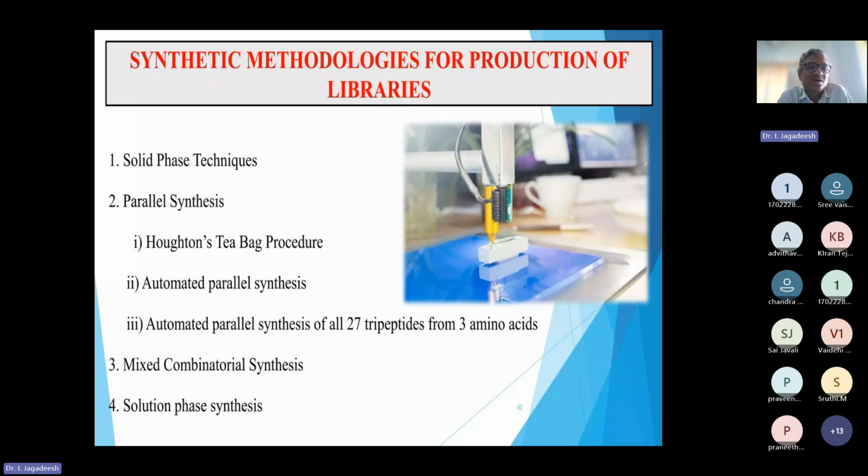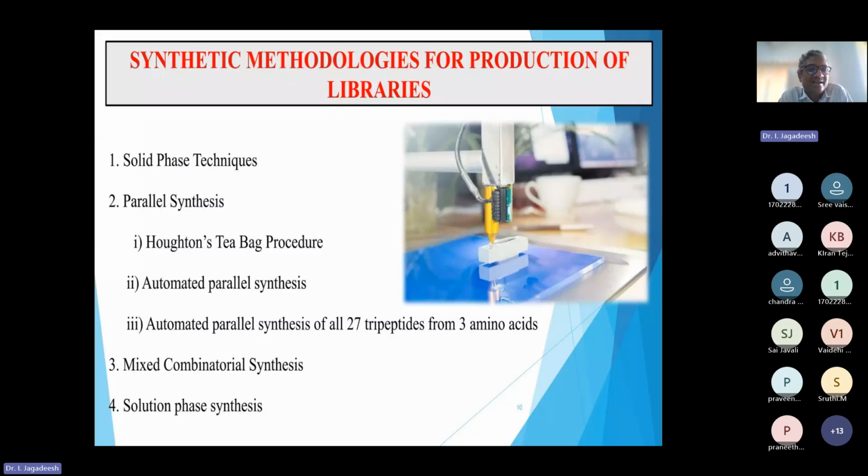That is the reason solid phase techniques are promising, and are called green chemistry, where we use fewer solvents, and their quantity is also minimal. This is one approach you need to keep in mind.